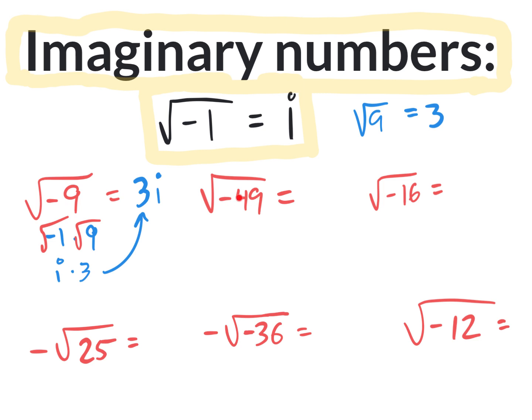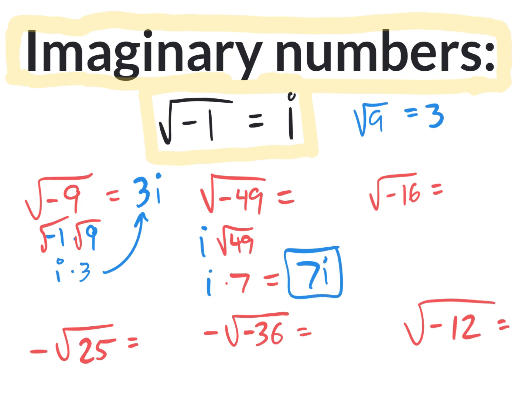The square root of -49, that negative sign could be moved out to the front, and it'll become i times the square root of +49. You don't have a negative anymore. And now the square root of 49 is what? 7. So what you really have is i times 7. So your answer is going to be what? 7i.